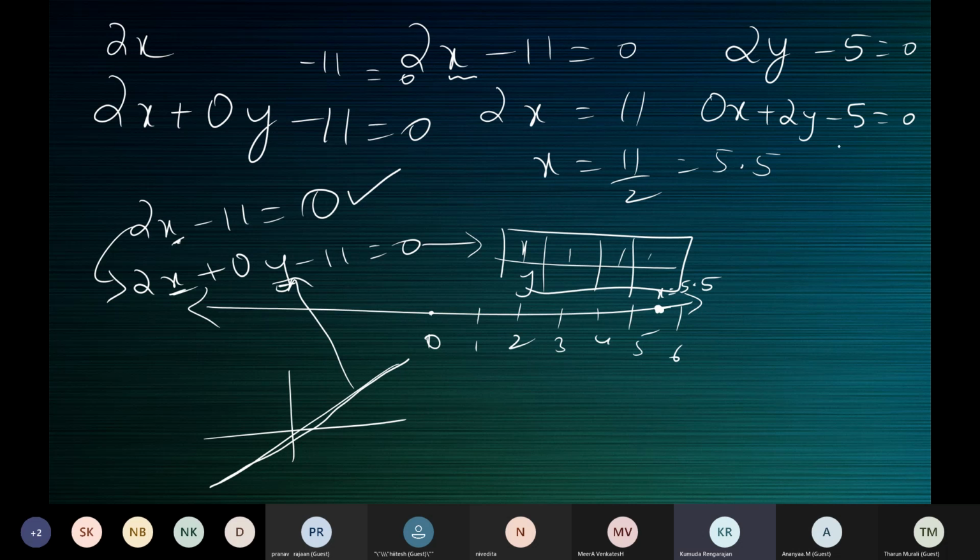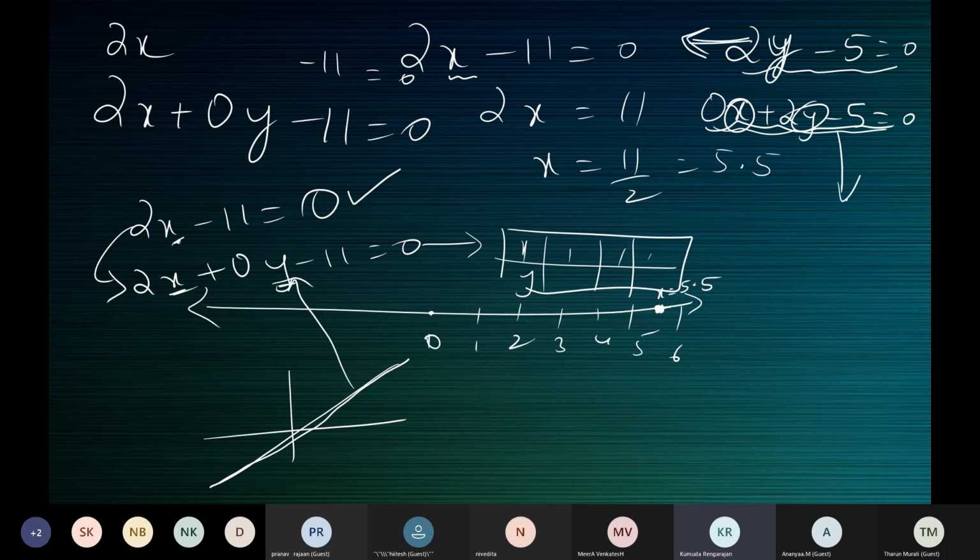Well, 2y minus 5 is represented by a point on the number line because only one variable. But 0x plus 2y minus 5 is a straight line in the Cartesian plane because we have two variables, x and y.